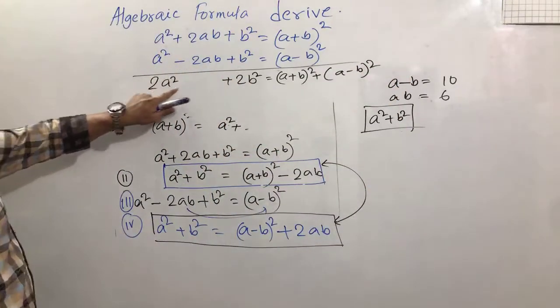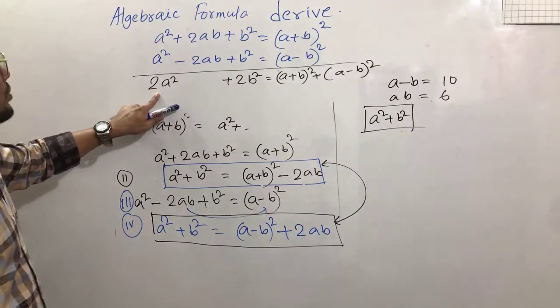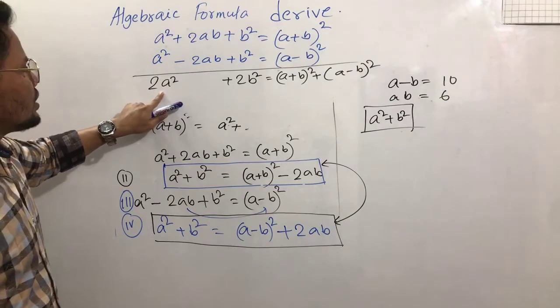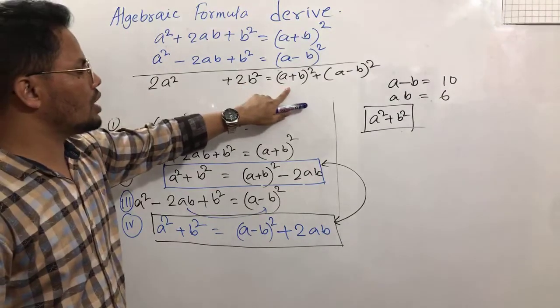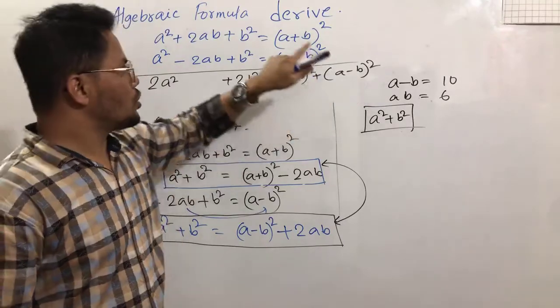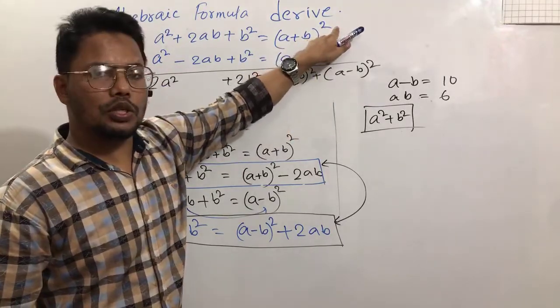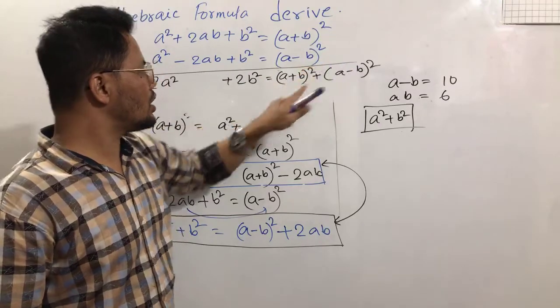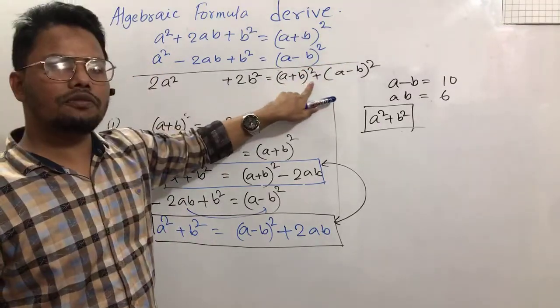So this is another formula: 2 times A square plus 2 times B square equals A plus B whole square plus A minus B whole square. By doing the addition between the first one and the second one, we can make another new formula.